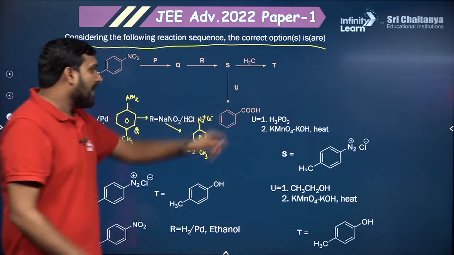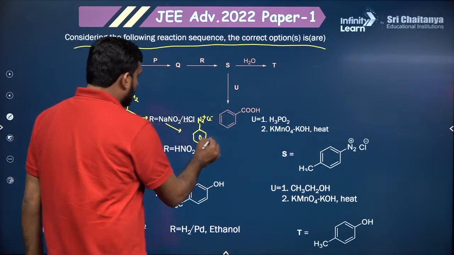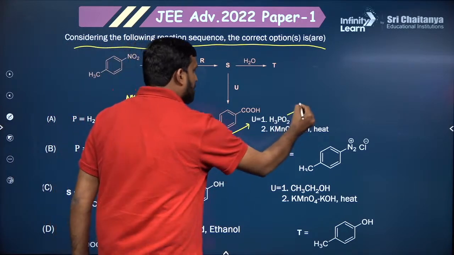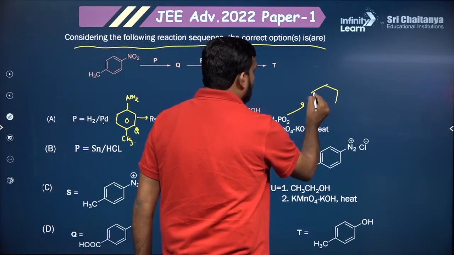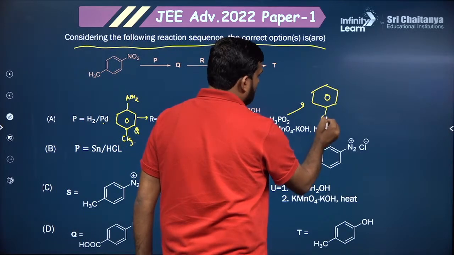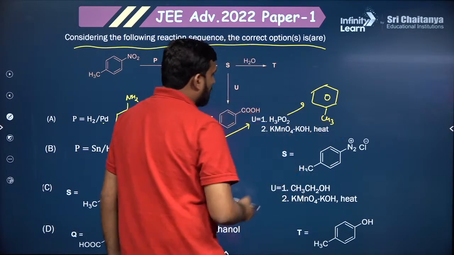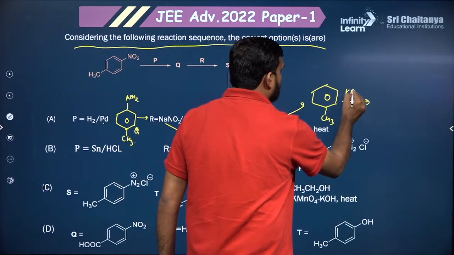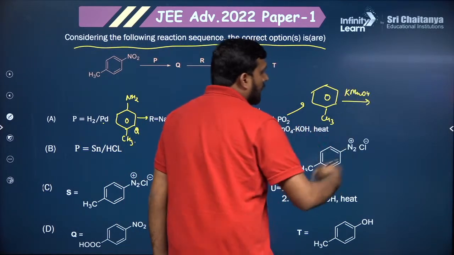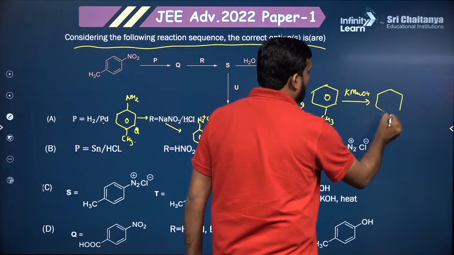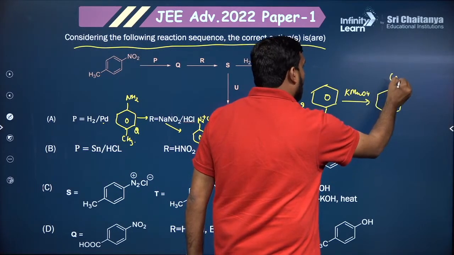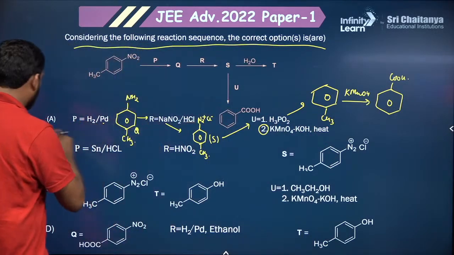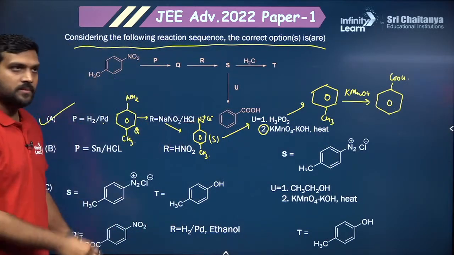They are using H3PO2, this is S, and when you treat it with this compound, it will give you the benzene. So now you will get something like this as a product. Then again they are treating that with KMnO4. What will happen here? It will be oxidized into the acid. So this will be your final product. It matches with this, right? Yes, option A is correct. There is no mistake in that.